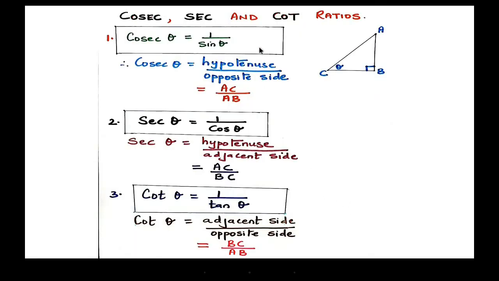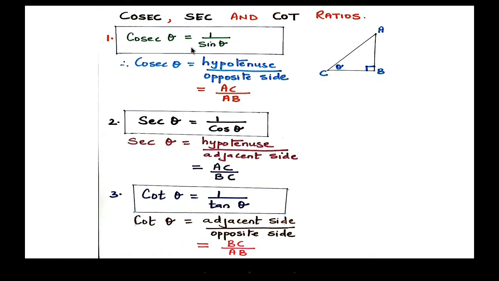In this chapter, we shall study a few more trigonometric ratios like cosecant theta, written in short as cosec, secant, that is sec, and cotangent, that is cot ratios. The multiplicative inverse or the reciprocal of sin theta is called cosec theta.